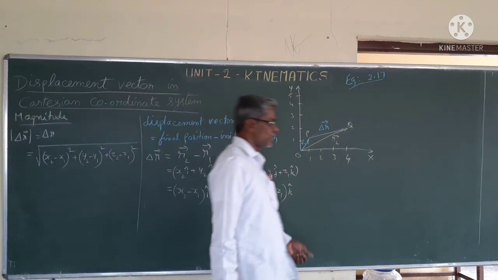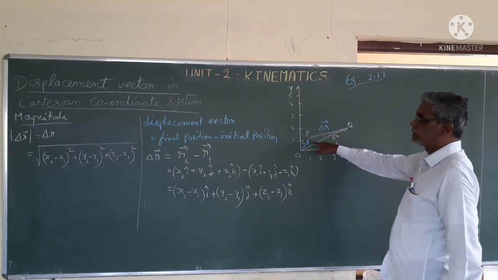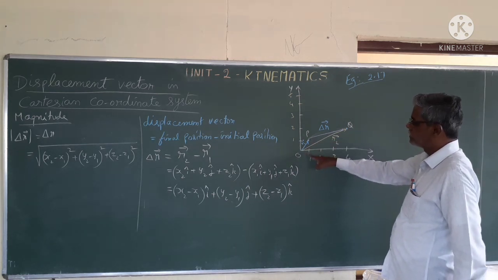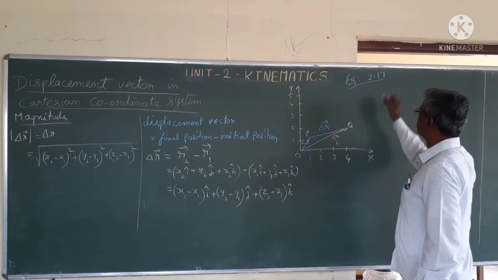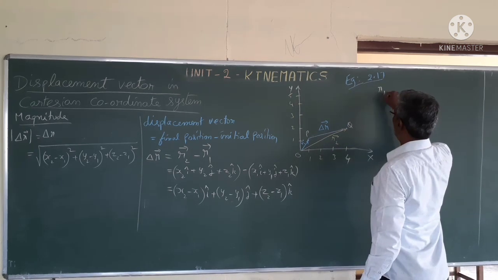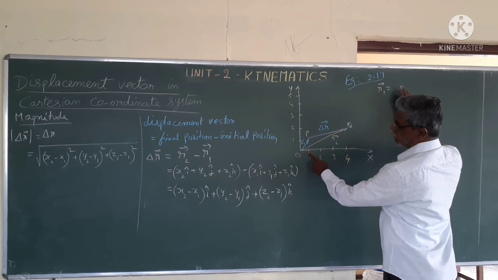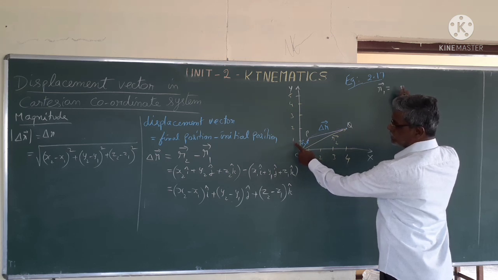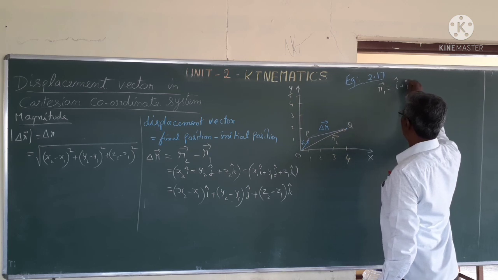Now let us consider an example. What is the position vector of point P? The position vector of point P is R1 vector, and on the x-axis it is 1 and on the y-axis it is 1. So I can write i cap plus j cap.